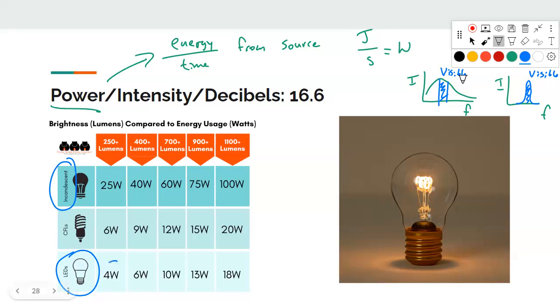And so you can see that they consume significantly less energy, about a sixth as much. But the 60-watt incandescent bulb is producing about the same amount of visible light as the 10-watt LED bulb.